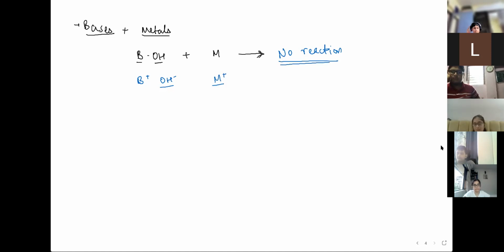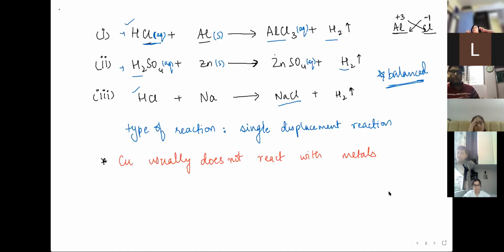So another way to look at it is metals are usually considered to have basic nature. Your metal oxides are outright basic. When you dissolve metal oxides in water, the metal hydroxides are basic in nature. And because metals are able to react with acids, you can consider them as being slightly basic in nature.